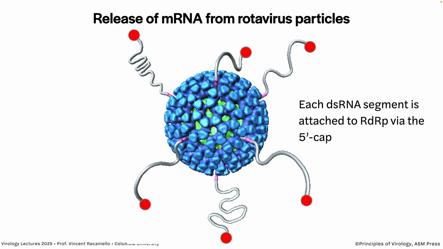So each of these is an mRNA. It's got a cap at the 5' end, that's the red structure. And so each turret, which is a 5-fold axis, is extruding an mRNA. So there's an RNA polymerase right below the turret, and that's copying the double-stranded RNA and making mRNA.